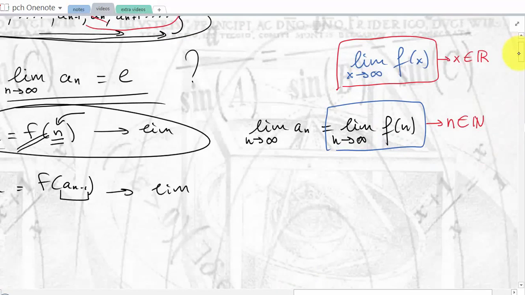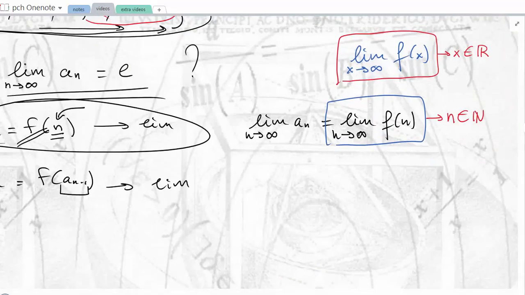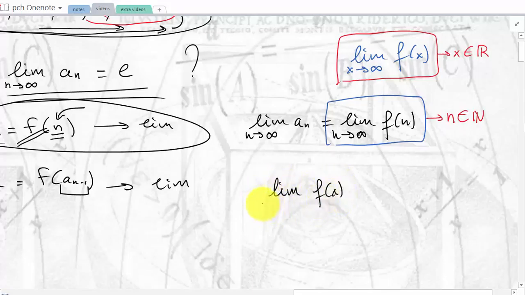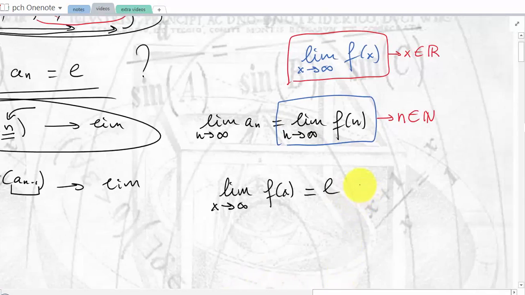But then, of course, we have this very simple theorem to prove. We can prove that if the limit of f(x) as x approaches infinity is equal to a limit L, okay, then it's an if-then. So I'm going to write that like that, okay?